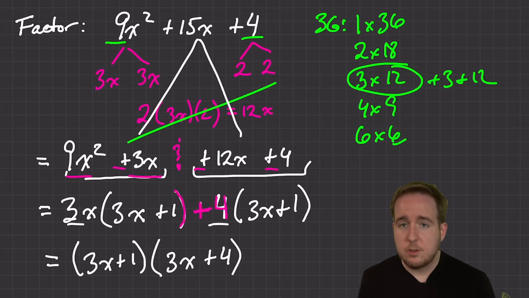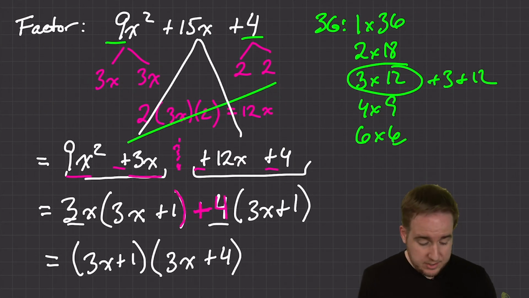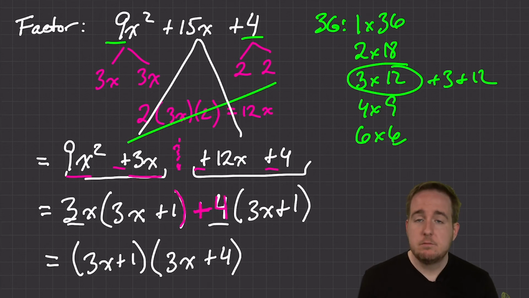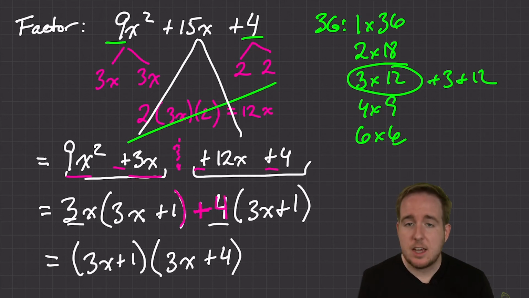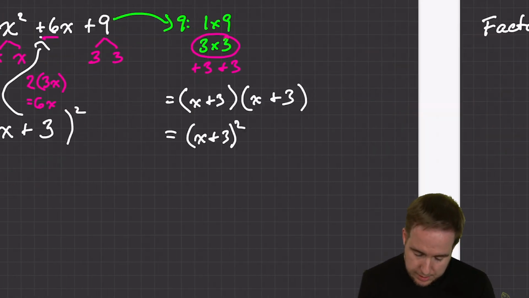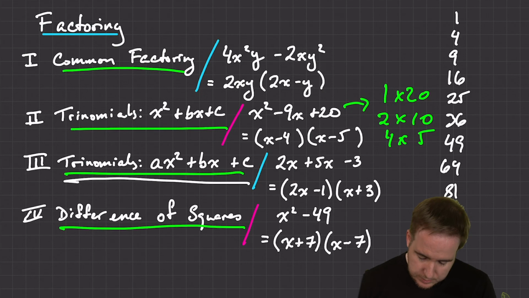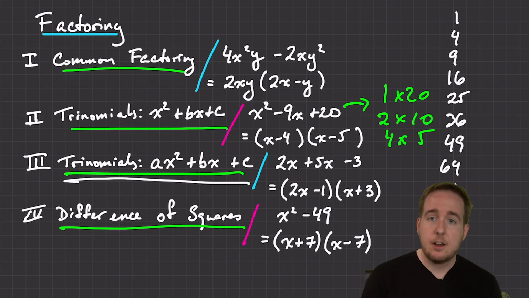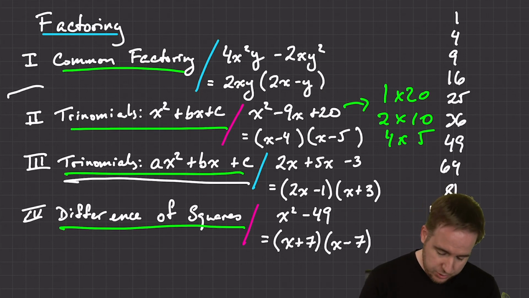Okay, so those are some examples. And as I say, you could skip this entire section if you wanted. You will be able to answer just as many questions on a test with or without it. So if I go back, this is entirely covered by these two.